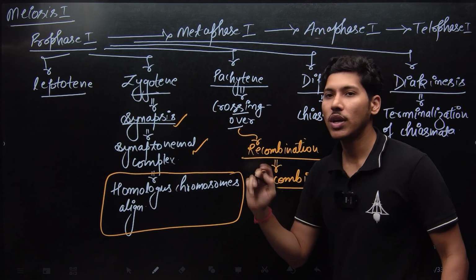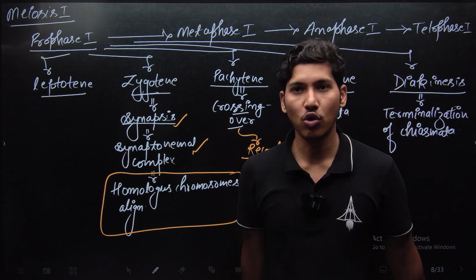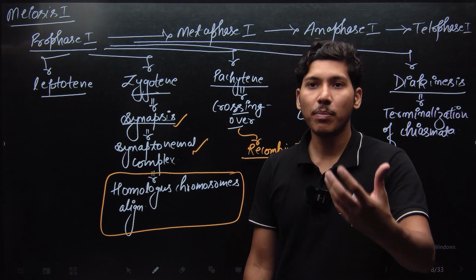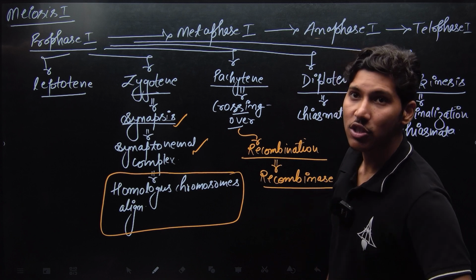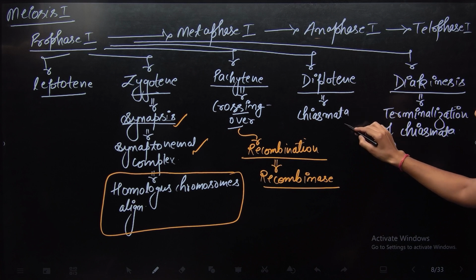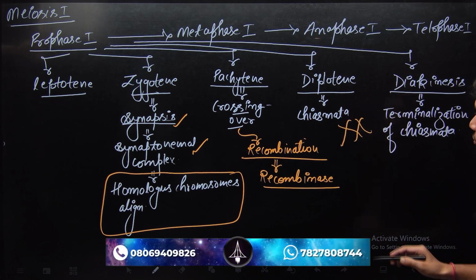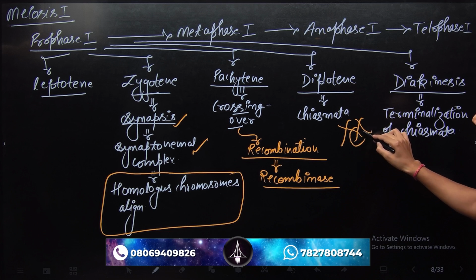Here there is a mutual exchange of genetic material between the homologous chromosomes, which is important for variations at the gametic level. So when there is exchange of genetic material, the homologous chromosomes start to look like this.